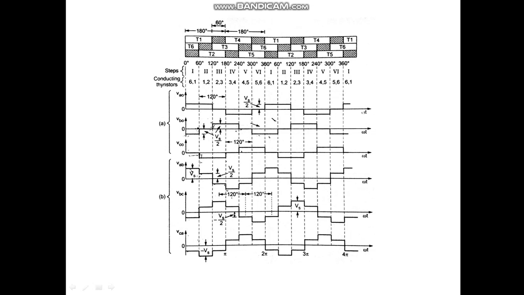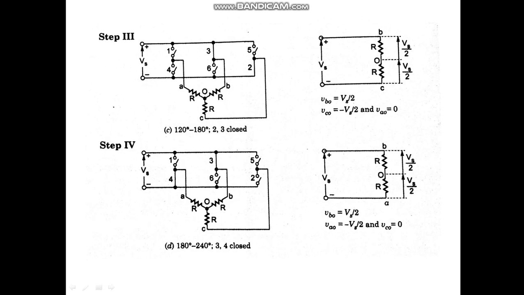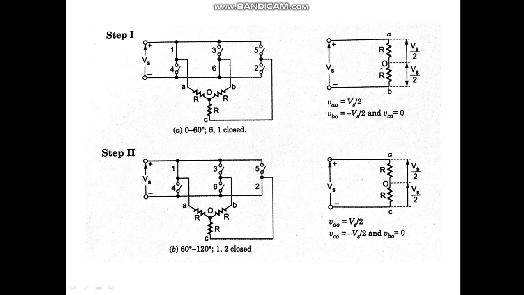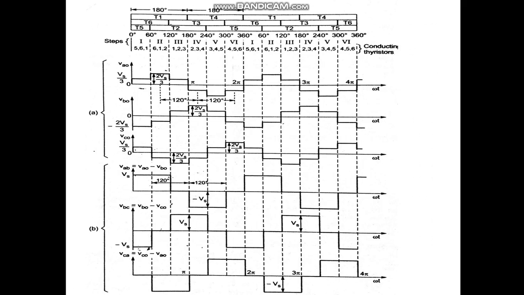Next, step 3: what is R? It is 0, not present. Then R is reversed and goes to the minus phase. Similarly, after a 60-degree delay, the next waveform will start. So this is how the 120-degree conduction mode works.